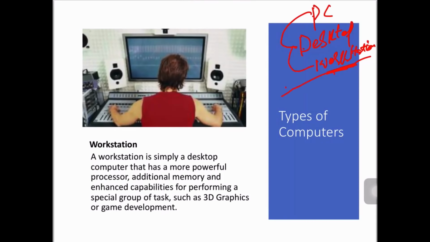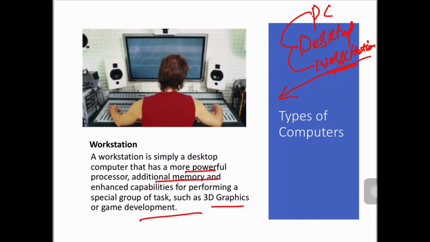Technically a workstation is simply a desktop computer with a more powerful processor and some additional memory, which can handle heavy tasks, like 3D graphics and 3D video. This kind of desktop we refer to as a workstation.